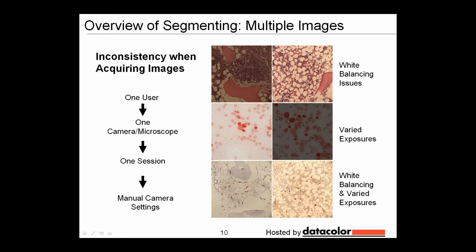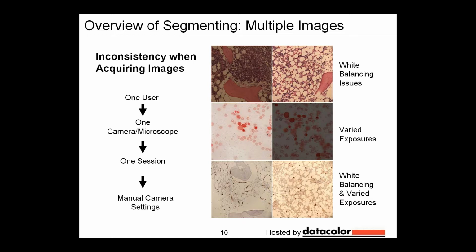But in the real world, what you find out is that when you take these images, there's a fair amount of variability from microscope session to microscope session, and sometimes within a single session. This is kind of an egregious example, but you can see that there's a fair amount of variability in taking images.